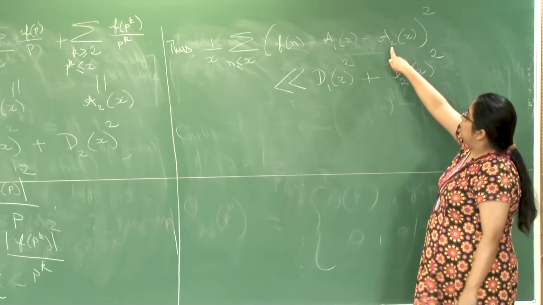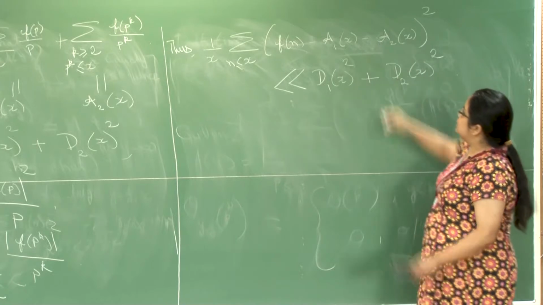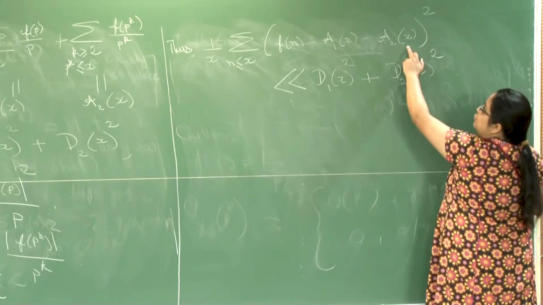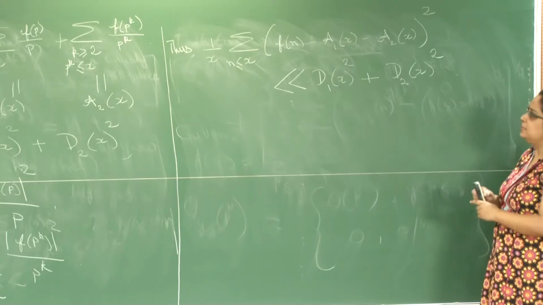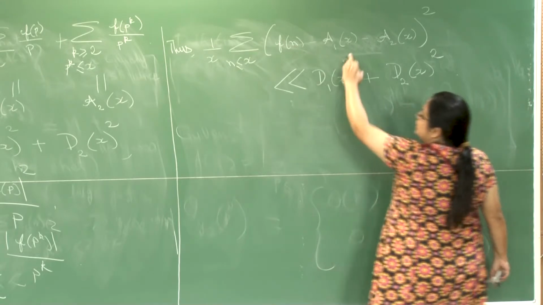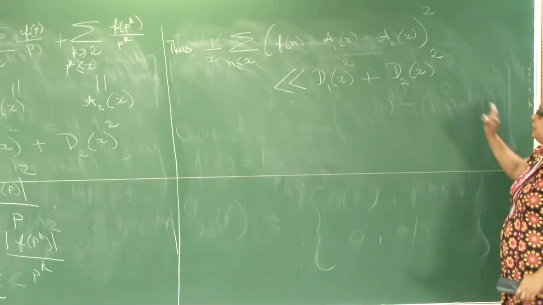Now, we have to somehow treat these a2 of x and d2 of x so that they become small error terms, and then we can just focus on this part, which is what we need, okay.